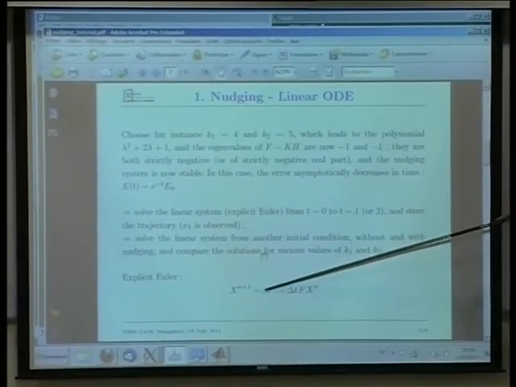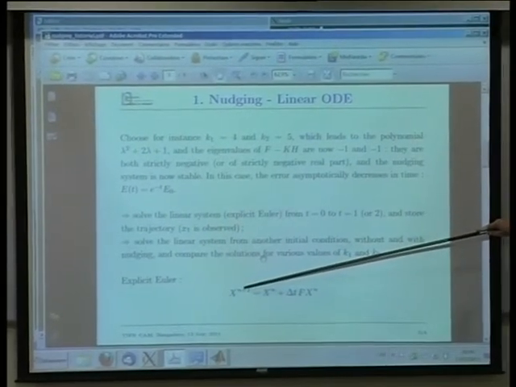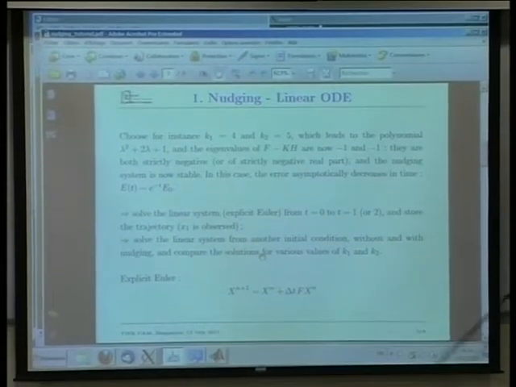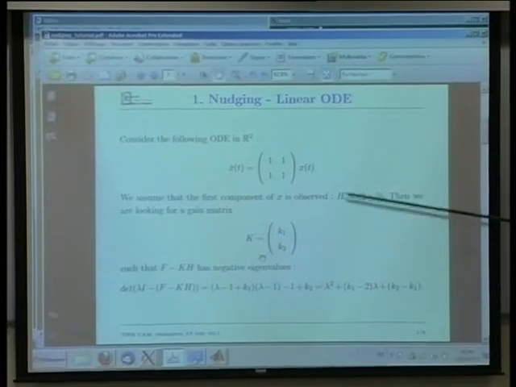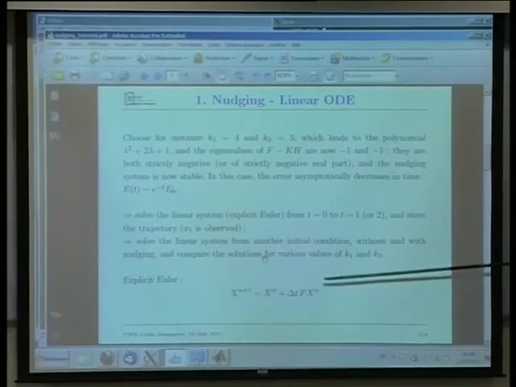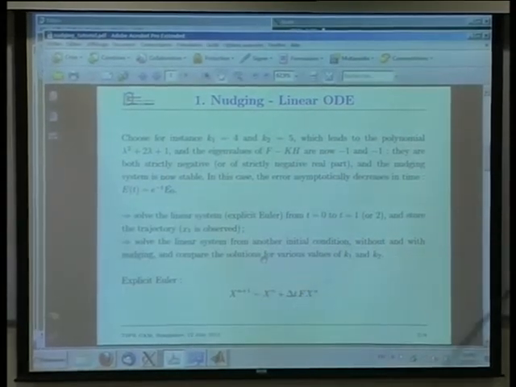If you know the solution x at time tn, you deduce the solution at time tn plus 1 like this. You simply multiply xn by the model f, which is this matrix, multiply by delta t, the time step, and increment to get the new point.